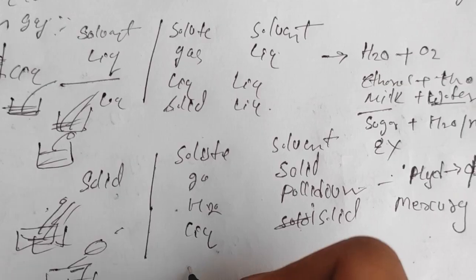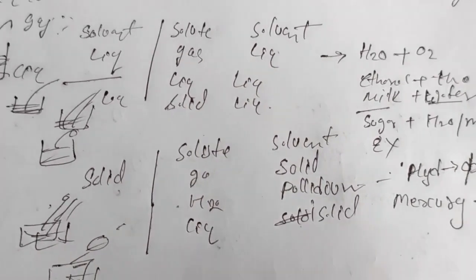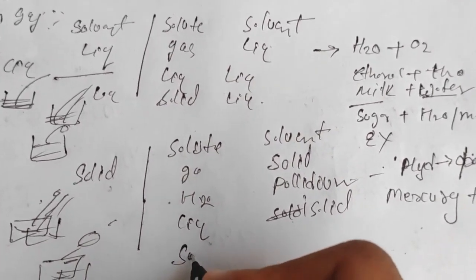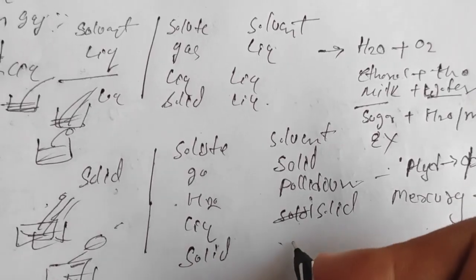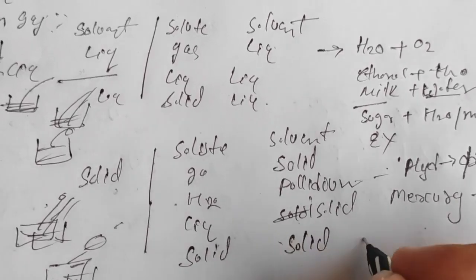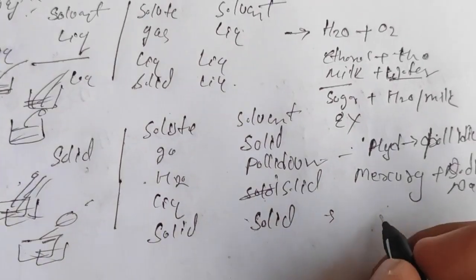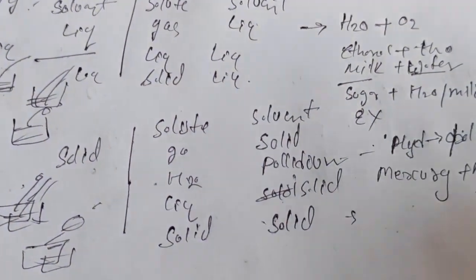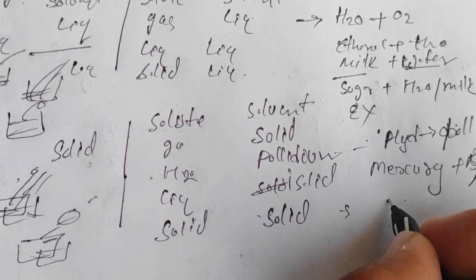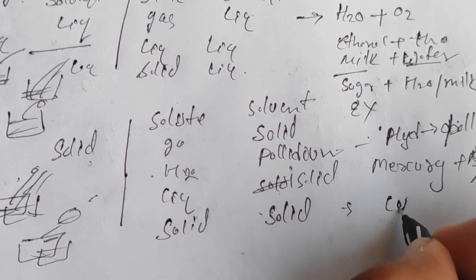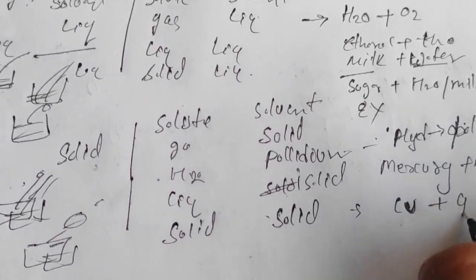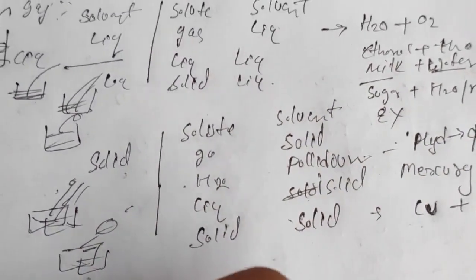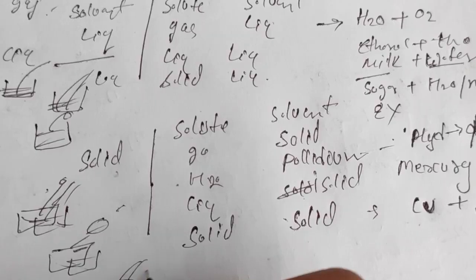Last, the solute is solid and the solvent is again solid. In this case the well-known example is copper as solute and gold as solvent. We know that gold absorbs the copper.